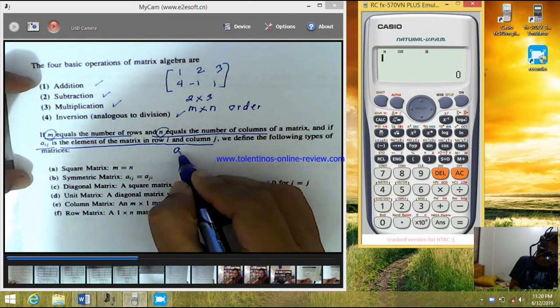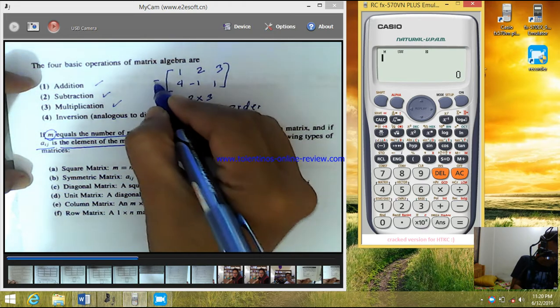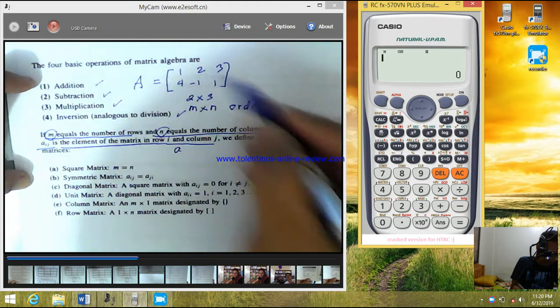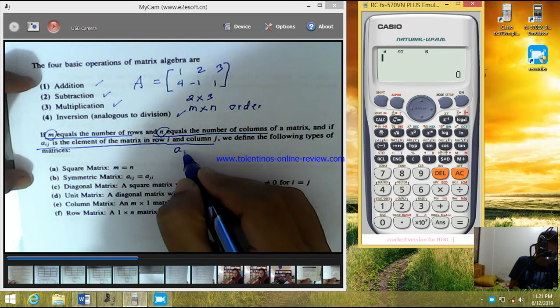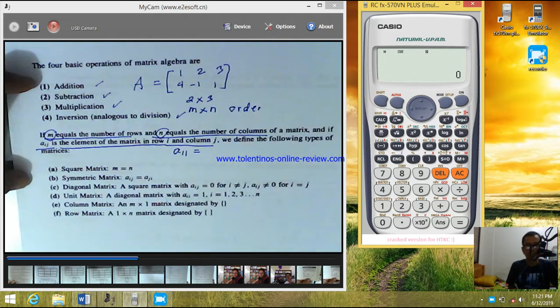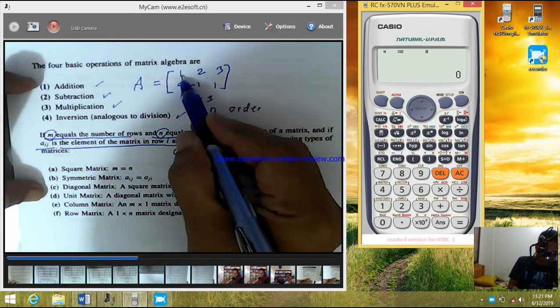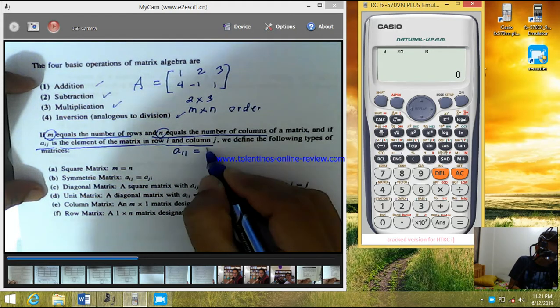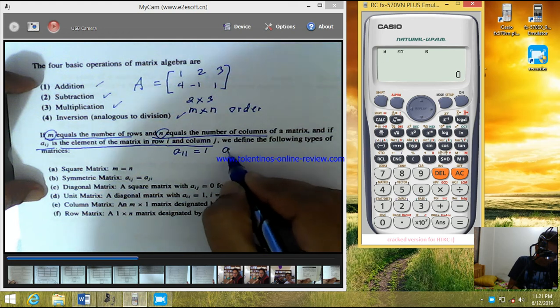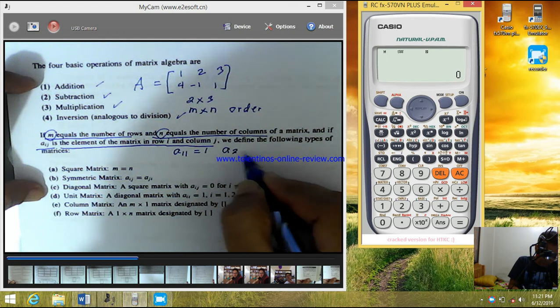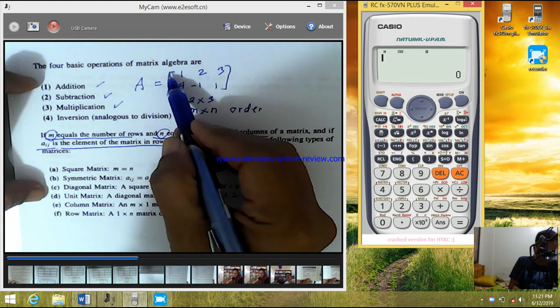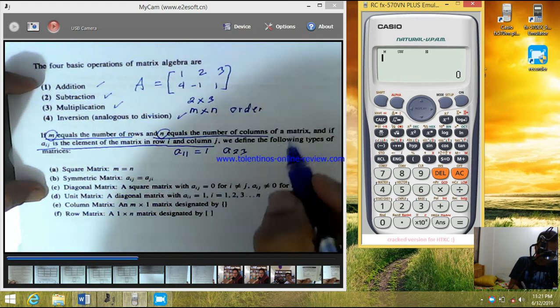For example, let's make this A. So our A11 is the element found in the first row and first column, that is 1. Now our A23, row 2 and column 3, that is also 1.